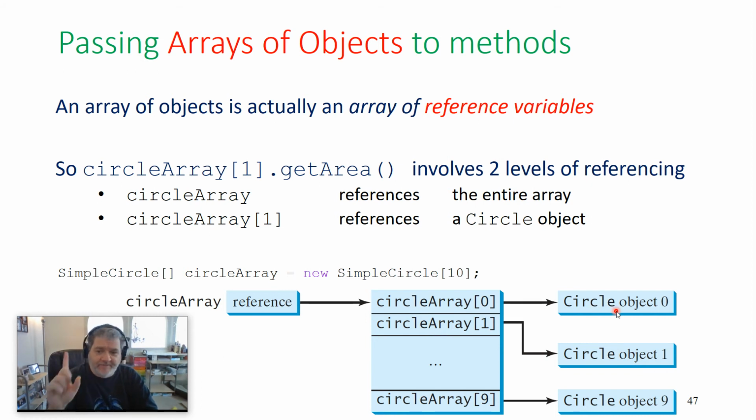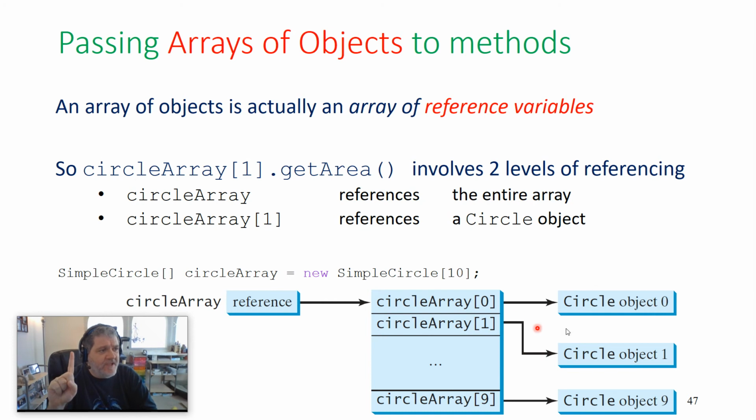But watch out. The first thing you need to understand is that when I write this line of code, I create one object here. Even though it's an array of 10 elements, it's one array. So when you execute this line, each of the slots contains null.